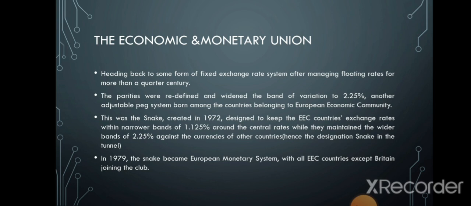Hence the designation snake in the tunnel. And in 1977, the snake became the European Monetary System, with all European countries except Britain joining the club.